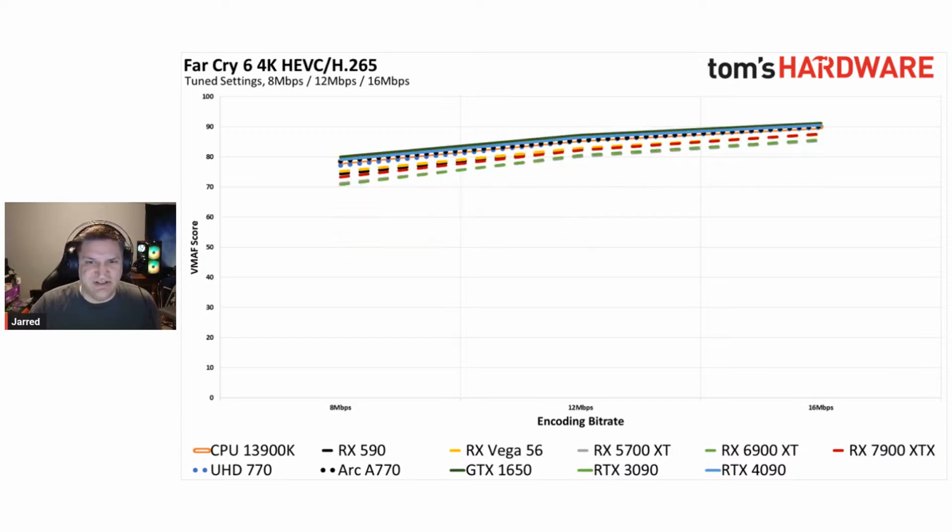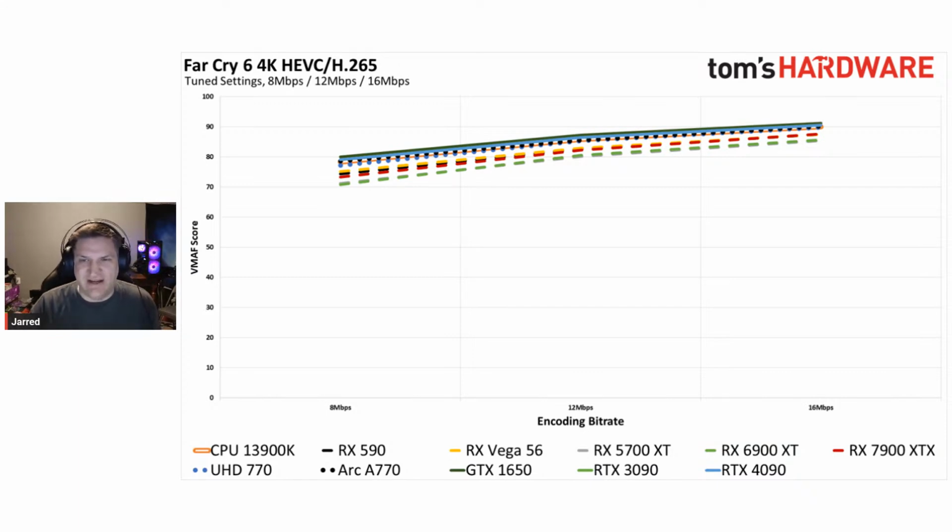So we've got H.264, H.265, HEVC. Things get a lot closer. Again, it's interesting how the 6900 XT is worst at HEVC for AMD. I don't know why, just the way it happened. I think it overlaps the 5700 XT.